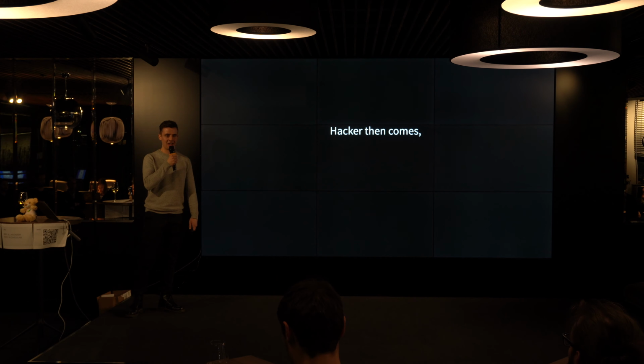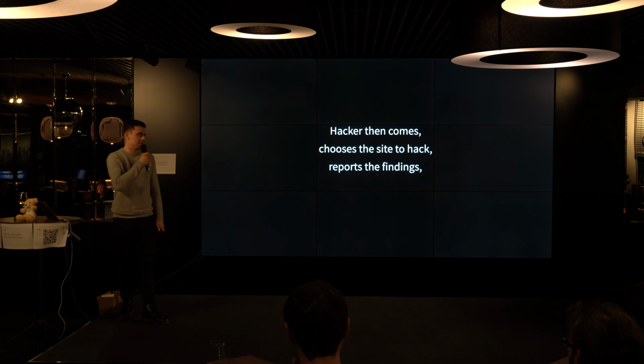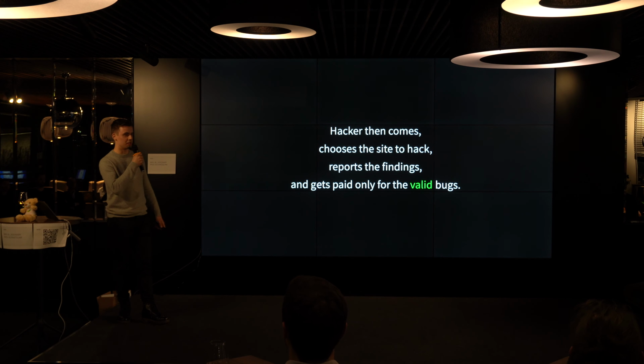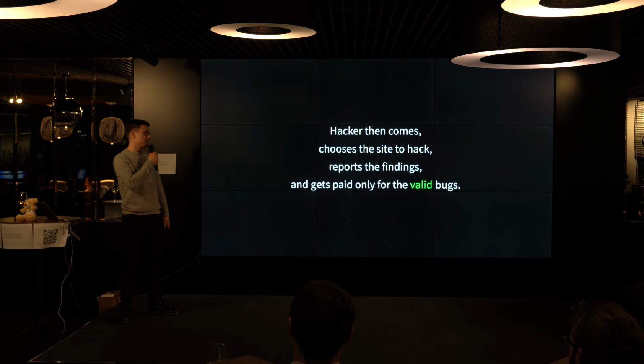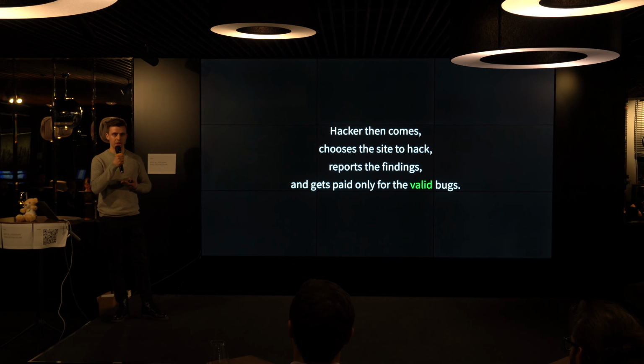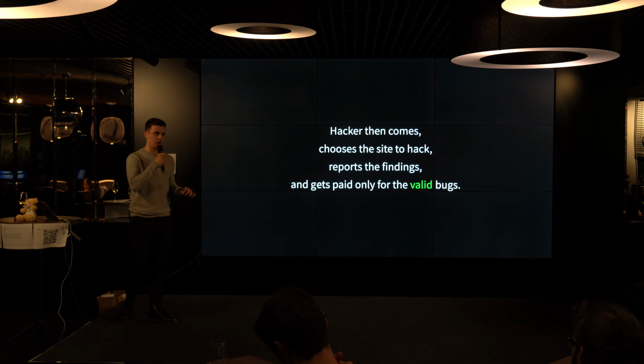Then hackers come, hack the target, and report findings to you. You pay them and fix it, and everyone is happy. The best thing about this is that you pay only for valid bugs, so it's a totally different model from pen testing, where you pay for the time. In bug bounties, you just pay for the findings, which might be better, might not, depending on how hardened you are.